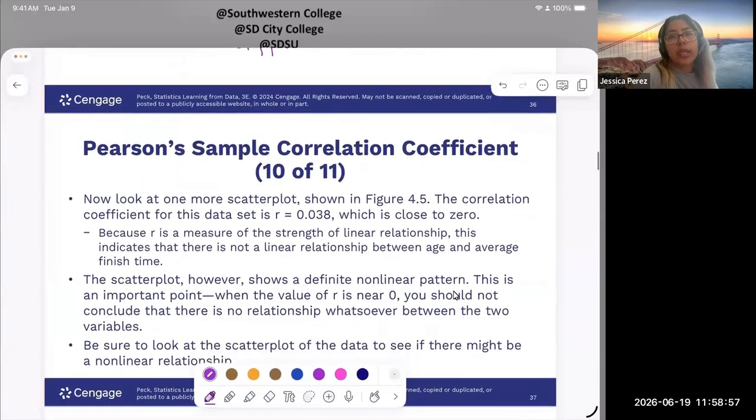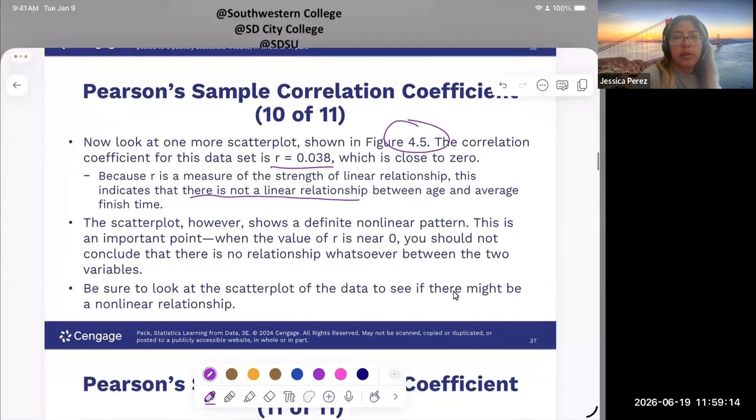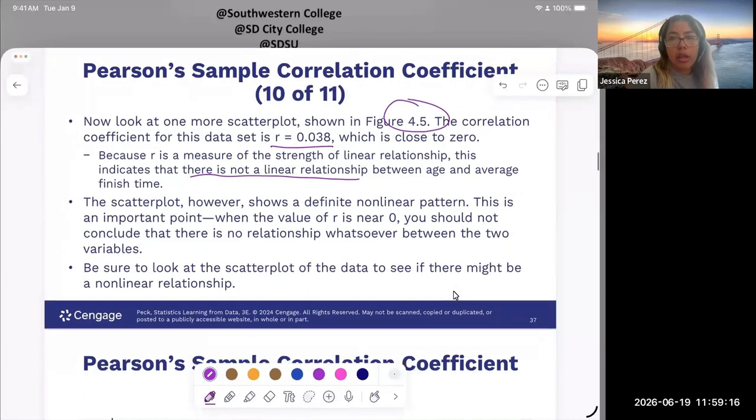Now look at one more scatter plot shown in figure 4.5. The correlation coefficient R is 0.038, which is very close to 0. Because R measures the strength of a linear relationship, this indicates that there's not going to be a linear relationship between the age and the finish time. The scatter plot, however, shows a definitely non-linear pattern. So when R is near 0, you should not conclude that there's no relationship, but that there is less of a linear relationship.